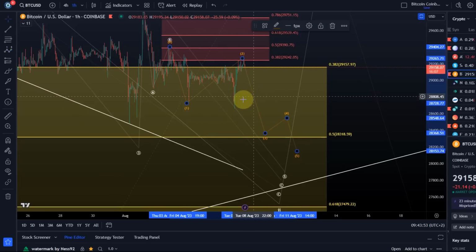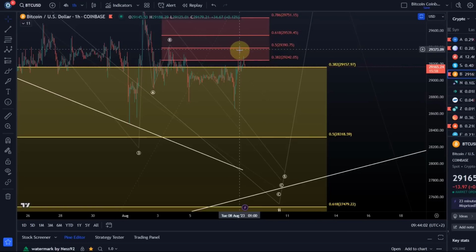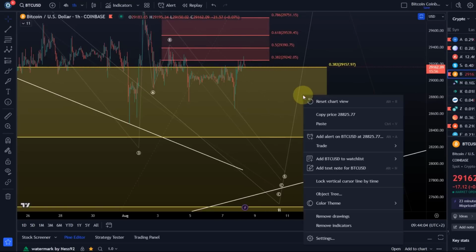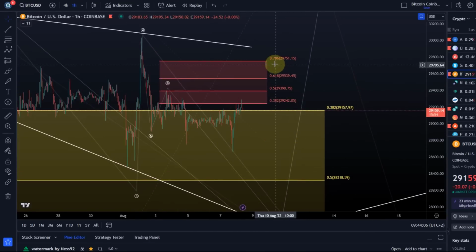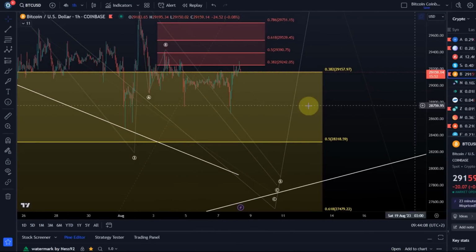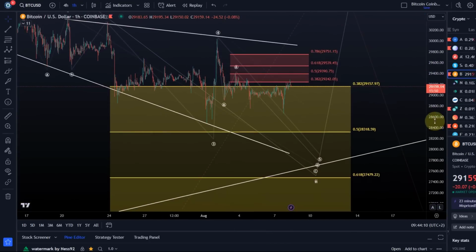But you can see it doesn't make a great difference. It just depends on how high we go here in the corrective wave. And all I can say is we have entered resistance again, and it's not possible to say which one it is. You just need to be aware that against 29,750, the focus is still on lower, and it doesn't seem to me that Bitcoin has completed the overall correction yet, so I still expect lower. Ideal target 28,320 to 27,480.